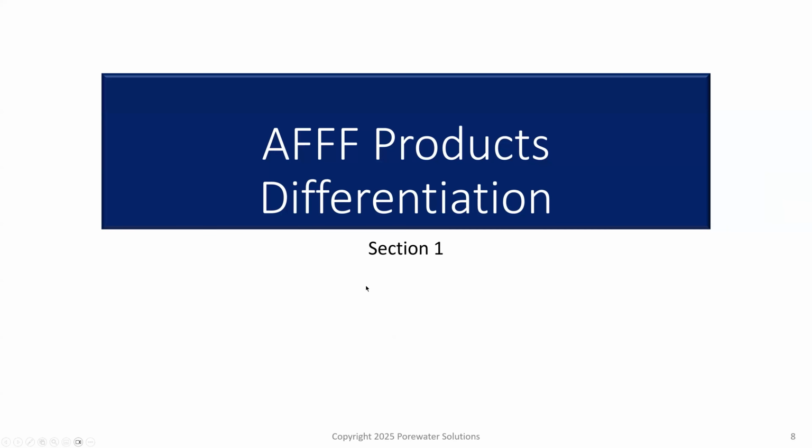So before we talk about visualization case studies, let's talk about the different types of AFFF products and what are the characteristics of the products and actually of the PFAS we see in soil and groundwater after releases of these different AFFF products. That helps to create clues on what we want to look for if we're trying to differentiate between different source areas, for example, at a larger site, or between different sources at multiple sites.